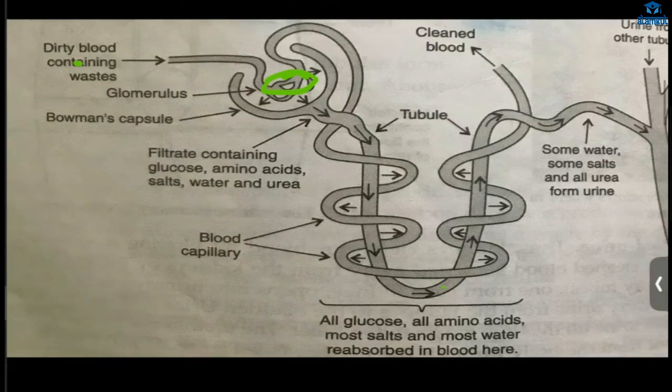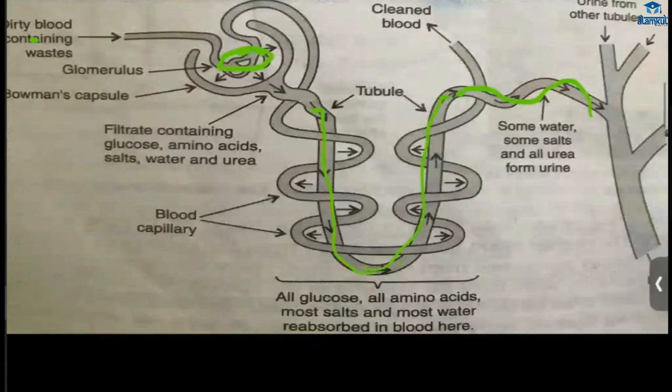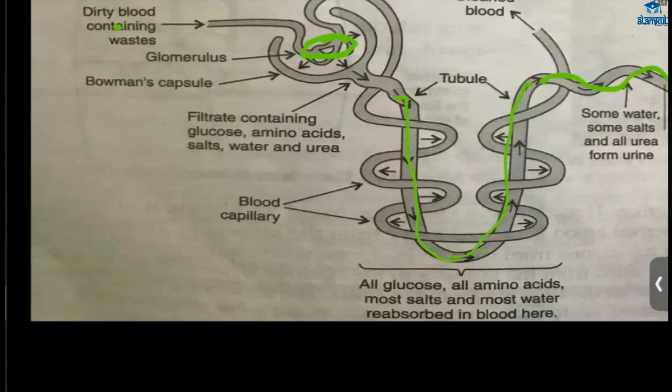And the tubules, what will they do? They will do reabsorption. Can you see this figure? The dirty blood is coming, and many capillaries are here. Capillaries have holes, and the glomerulus does the filter work.